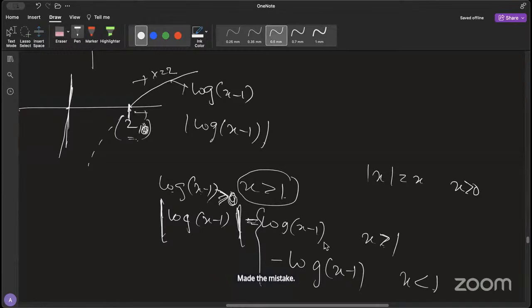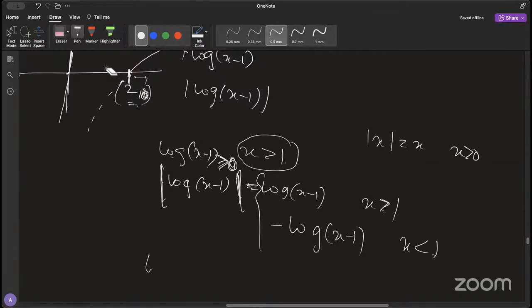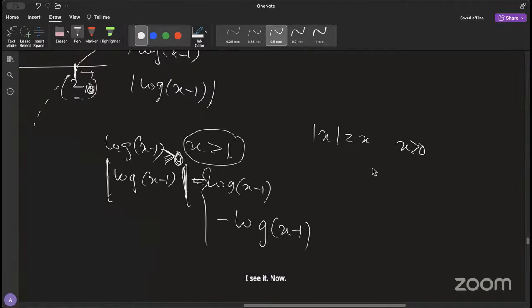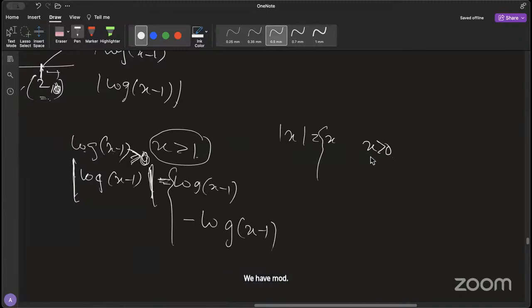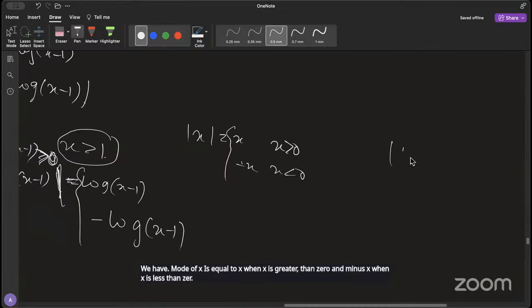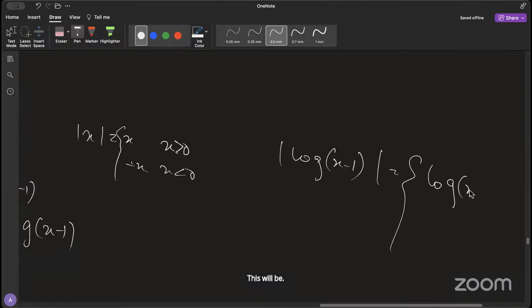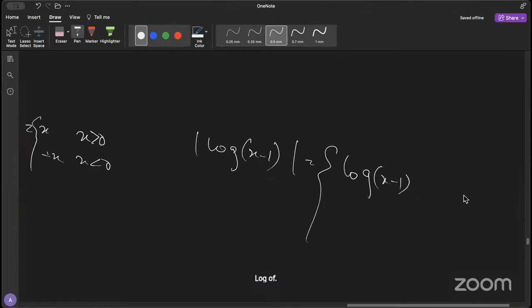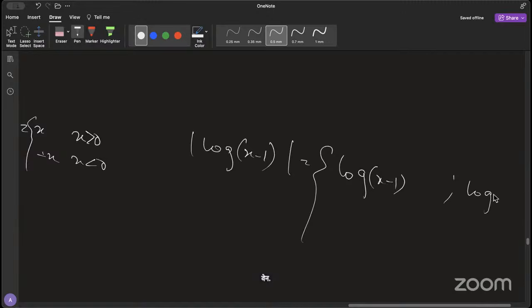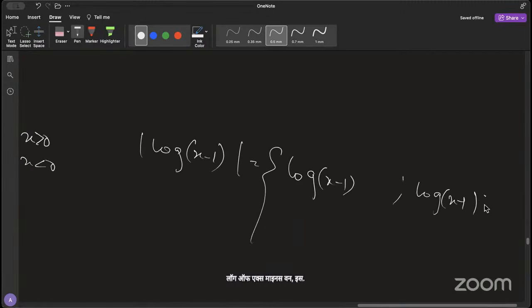Okay, I see it now. We have mod of x equals x when x is greater than 0 and minus x when x is less than 0, right? So if I do mod of log of x minus 1, this will be log of x minus 1 when log of x minus 1 is greater than 0, right?